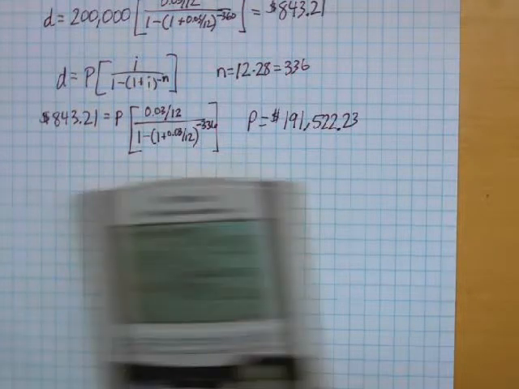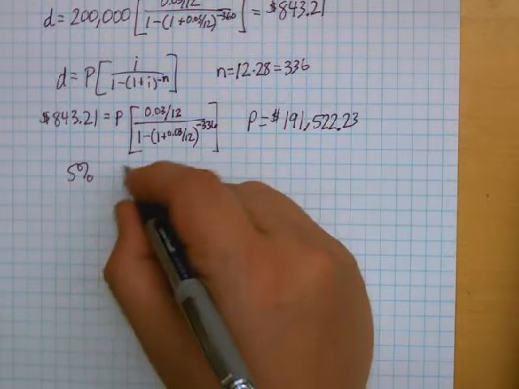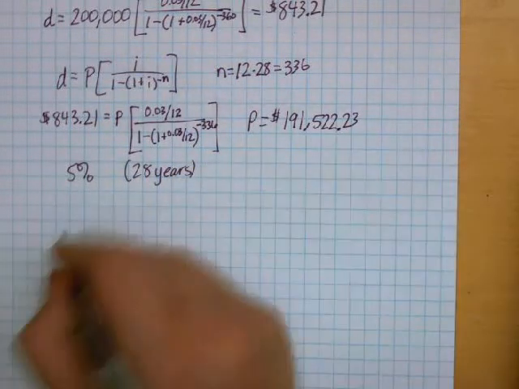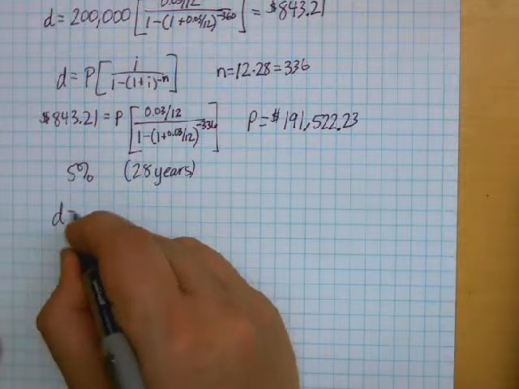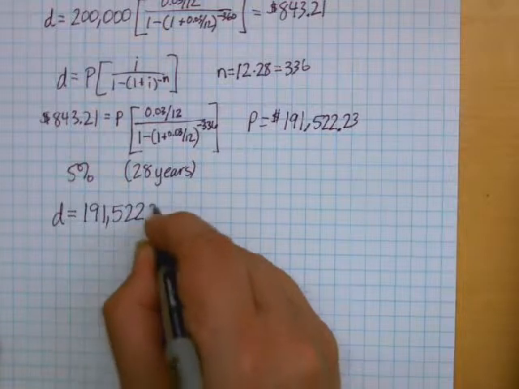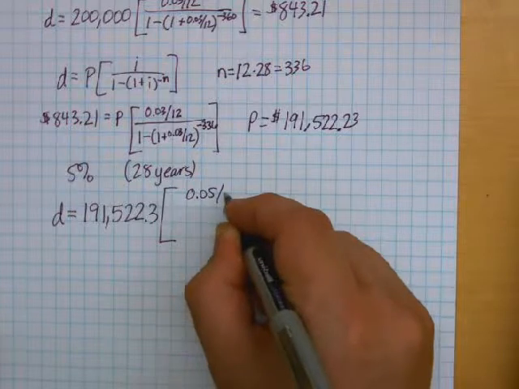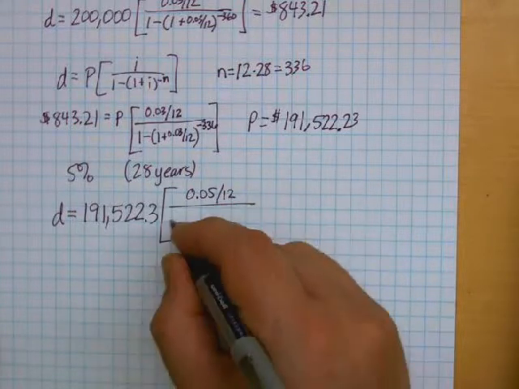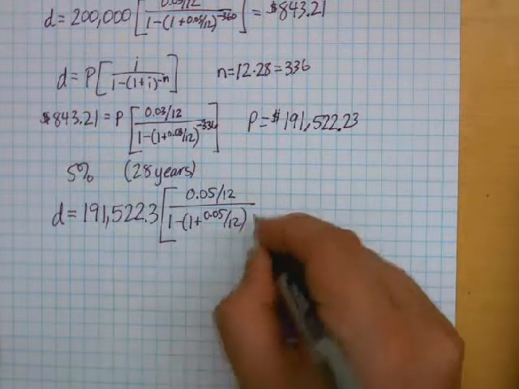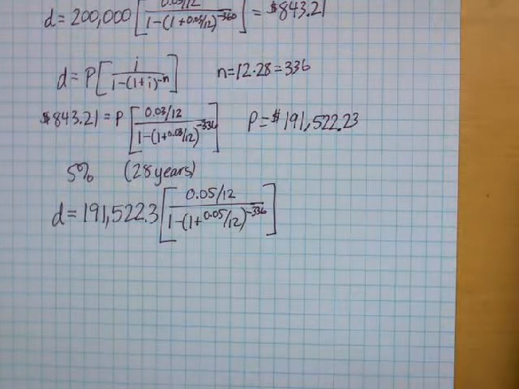So now we're going to find the payments at 5%, and we're going to base this over the remainder of the mortgage, which is 28 years. So we'll use 0.05 divided by 12 for I. And our N is going to be 336.